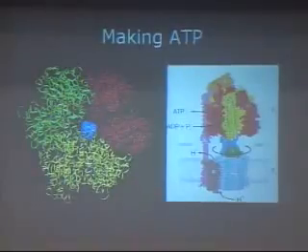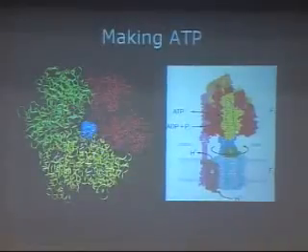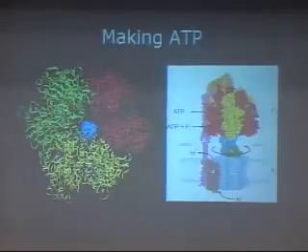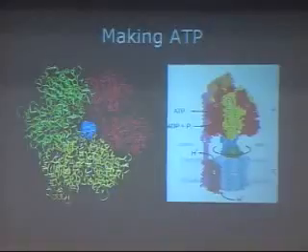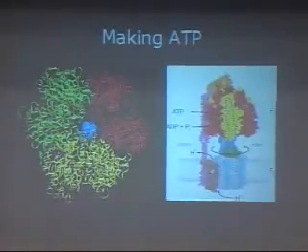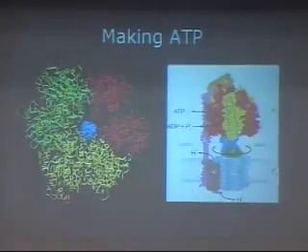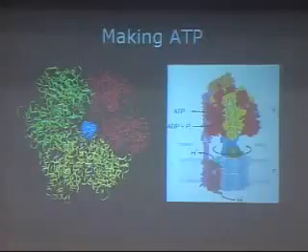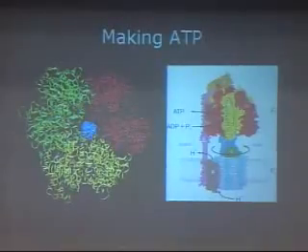Because the picture of it shows that what it actually is a proton-powered motor. And when I say motor, it actually moves. Protons are used at the bottom of that picture on the right as a means of causing motion, just like an electric motor does, and that distorts the structure of the protein at the top in such a way that it provides the mechanism by which ADP can be transferred into ATP.